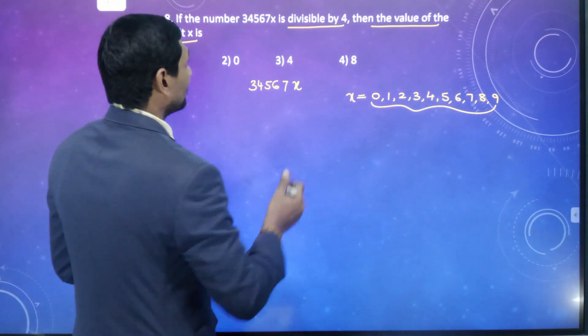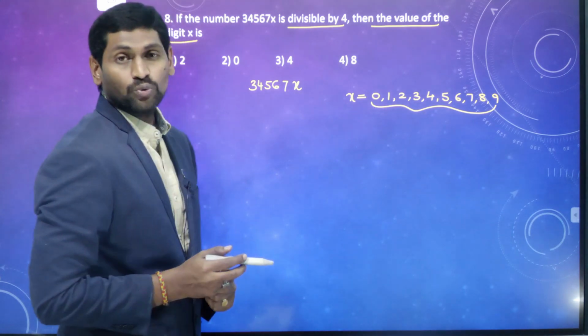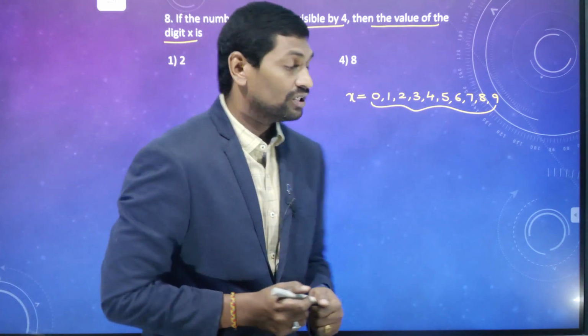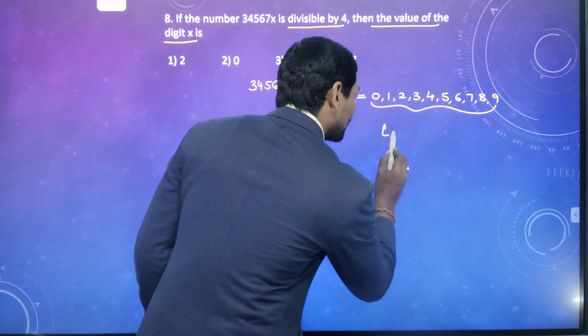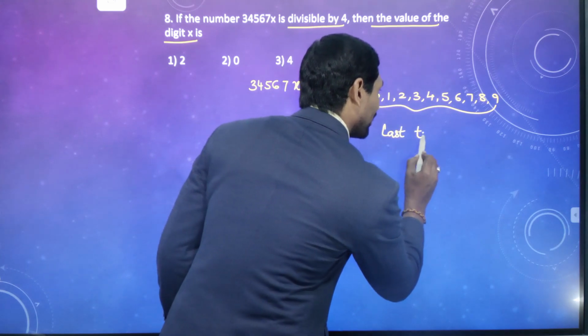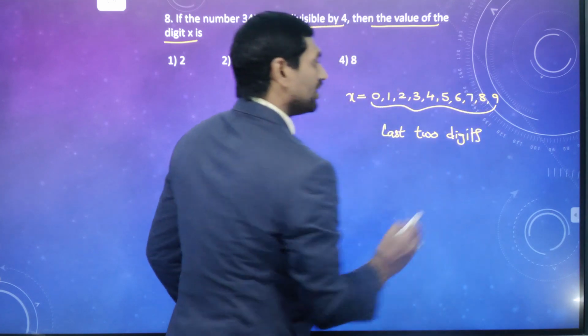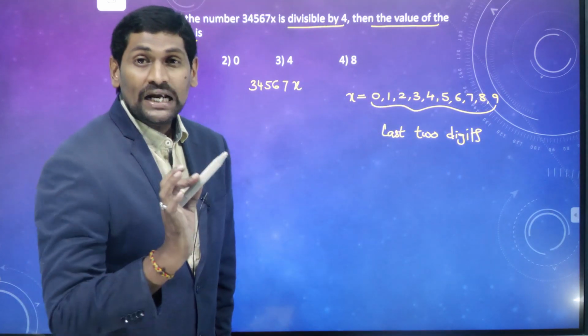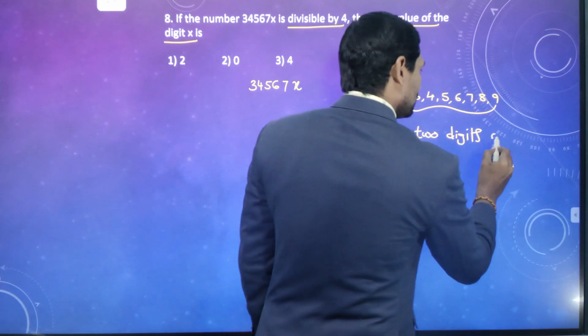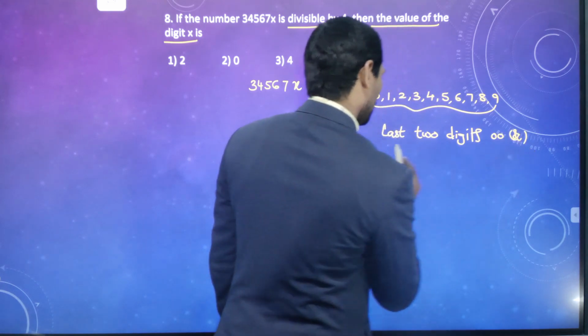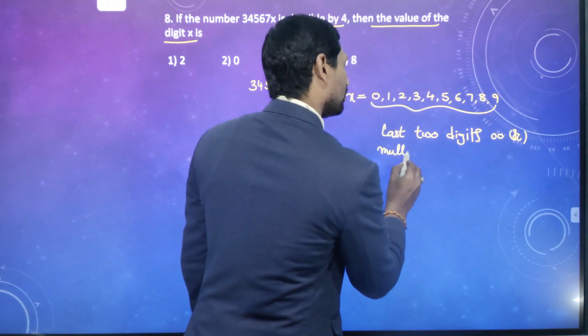What is the condition? The number is divisible by 4. What is the divisibility rule for 4? The last 2 digits of a number must be zeros or multiples of 4.